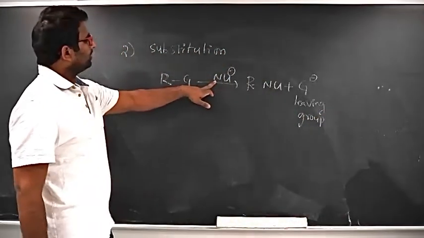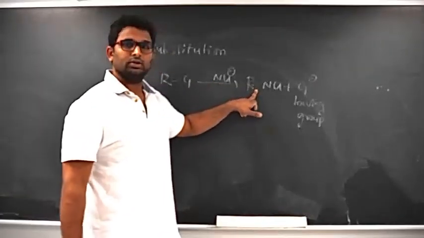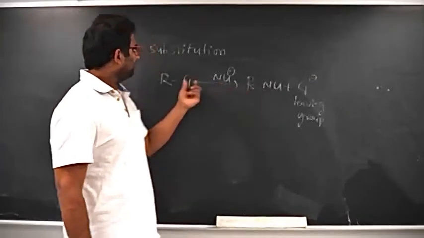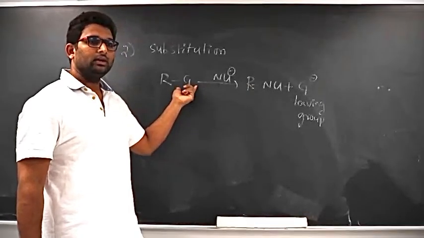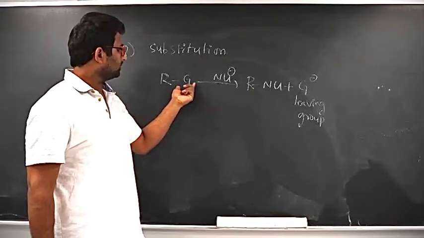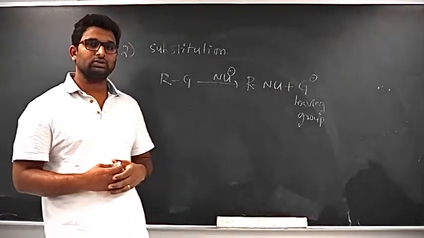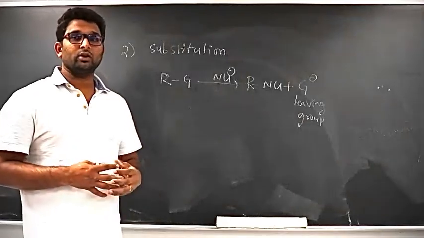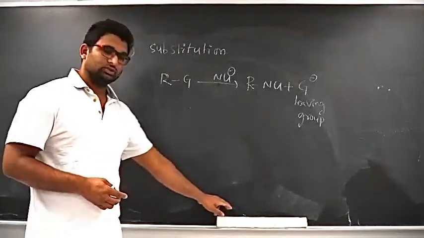Here also the nucleophile made a new bond, but it certainly replaced a group, which we call the leaving group in these cases. So these kinds of reactions we call nucleophilic substitution reactions. In particular, in this video, we're going to talk about nucleophilic substitution reactions.